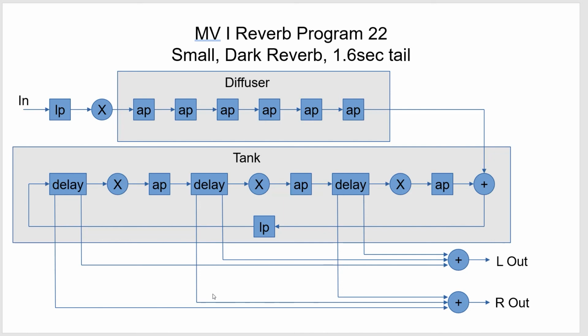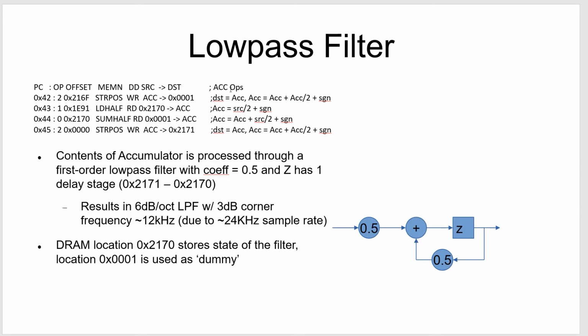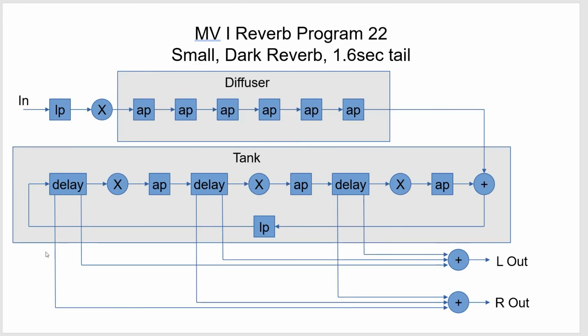All these functions are generally groups of 4 instructions repeated like before. So all of our all-pass filters, here, here, here, here, here, for example, it's just going to be a set of these 4 instructions. That low-pass filter is going to be these 4 instructions. So if we go back and look, how many instructions do we have?